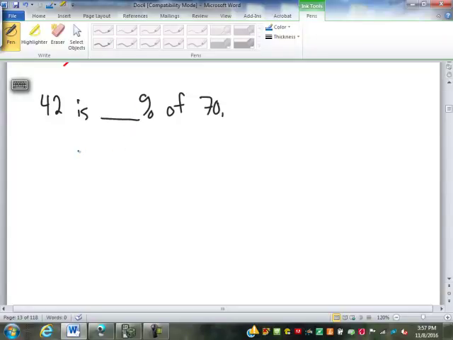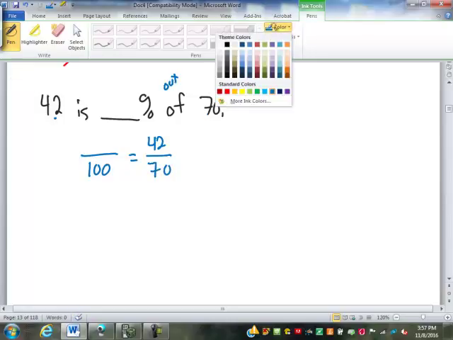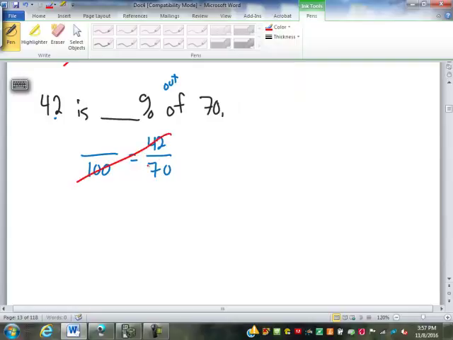Even though it's missing, we're just going to do blank over 100 equals, perfect, 42 over 70. 42 is blank, which implies the 42 goes on top. If I think of this as out of 70, the 70 is on bottom. So 100 times 42 divided by 70 is 60 out of 100, or 60%.